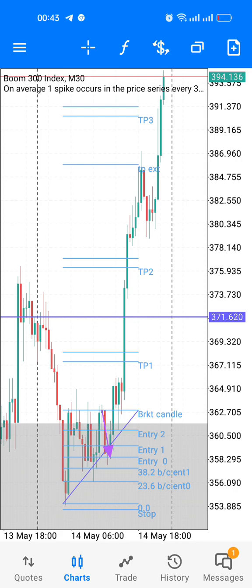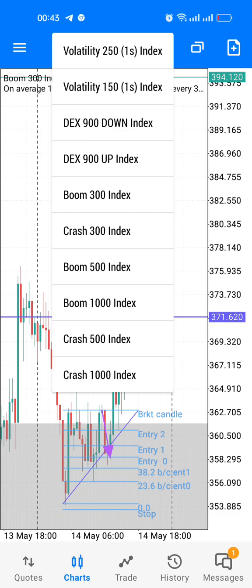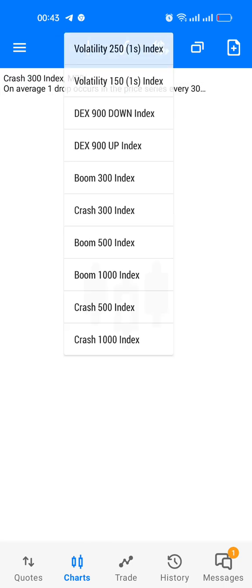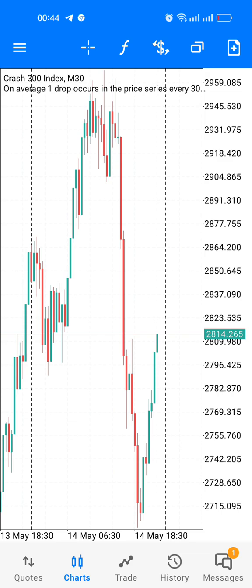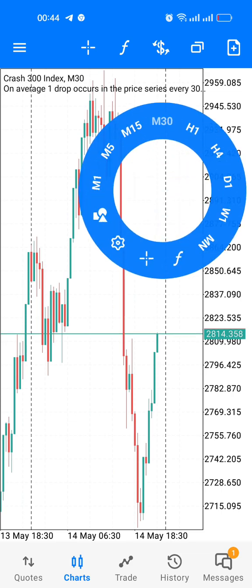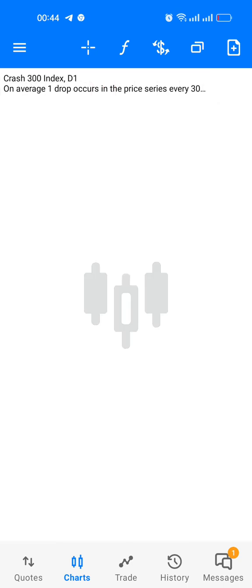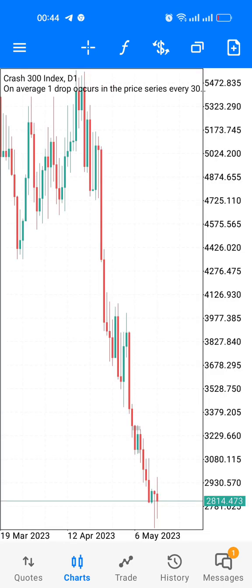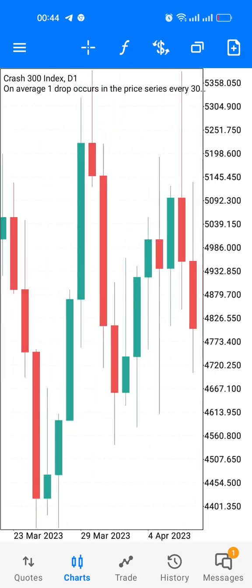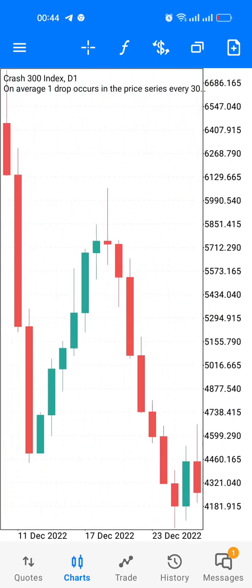Simple. The same goes for, let's see if there is Crash 300 here. What's happening on the other side?